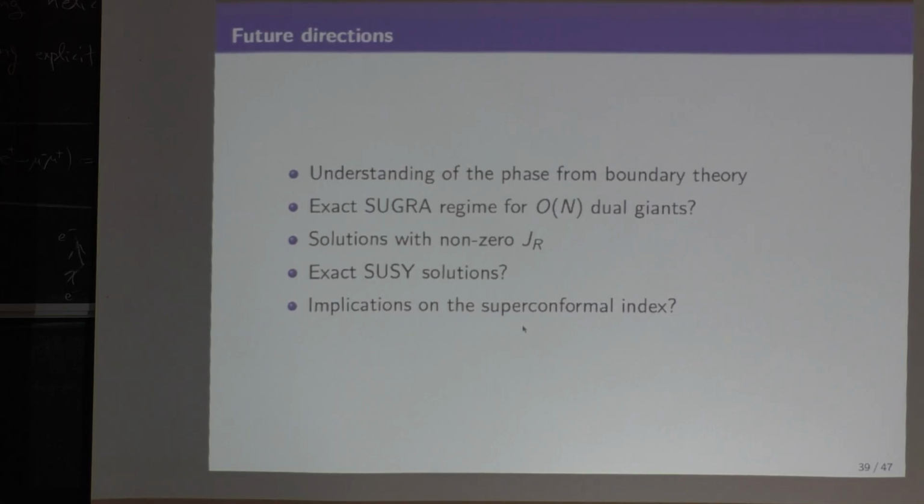But since now we have solutions which extend over the full two-dimensional plane in the charge space, it turns out that there are some charge configurations where these solutions dominate over the black hole solutions. So this is something which we will put out in a month or so. So yeah, I think that's all.